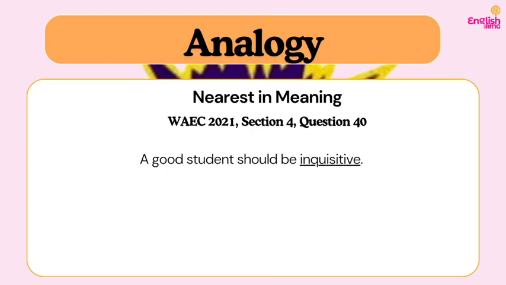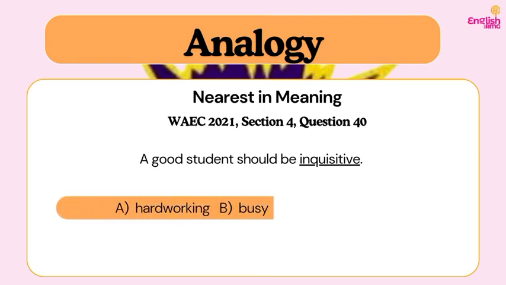Imagine you already practiced a past question on inquisitive and you have it in another context, because you've come across the word before, you've learnt about it, you probably checked the meaning in the dictionary, you probably discussed it with your friend, you'd be familiar with it and it will be easier for you to pick your correct answer. Because if you don't know the meaning of the word, you can't make a good analogy with it. Not until you understand the meaning of the word can you make a good analogy with it.